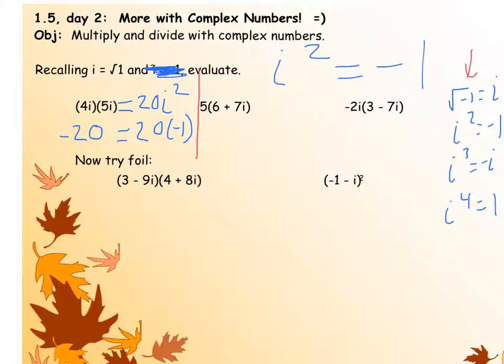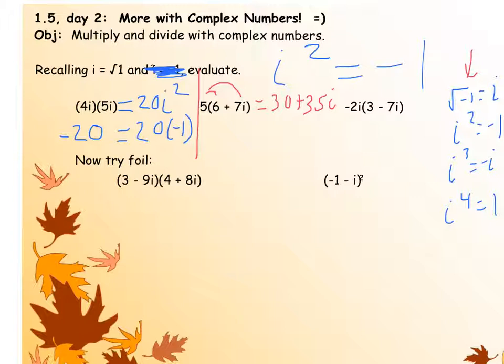Okay. Here we have a real number 5 times a complex number 6 plus 7i, and we need to distribute. And when we do that, we get 30 plus 35i. And that is a completely acceptable form to leave our answer.